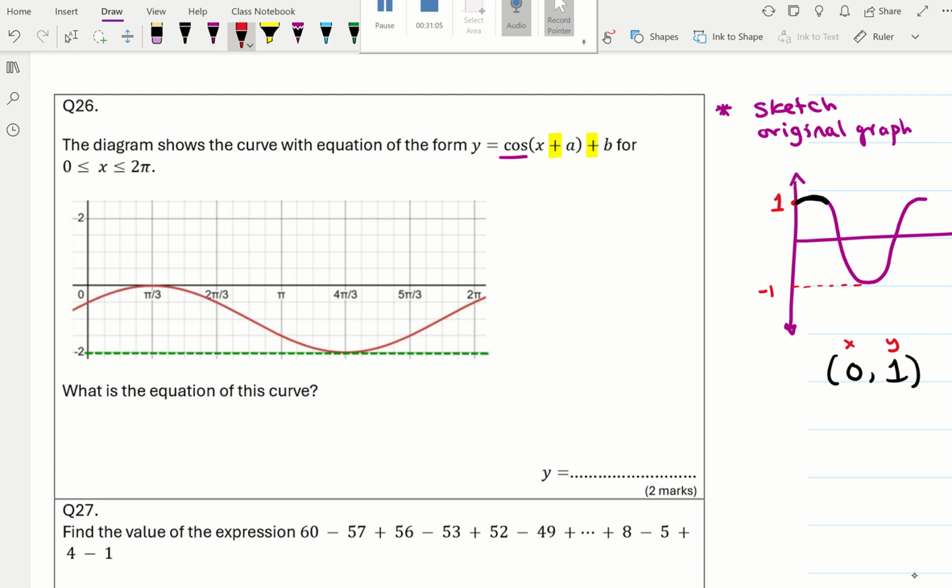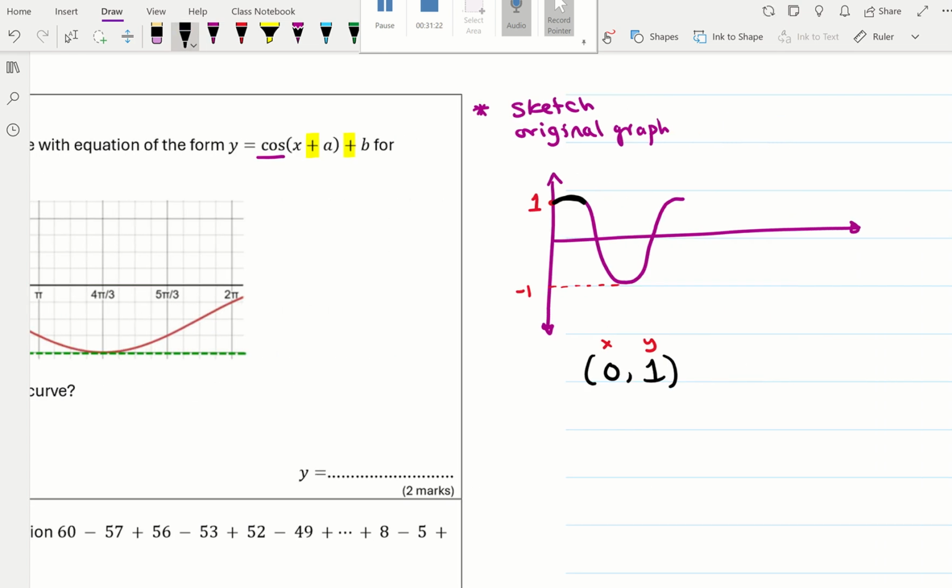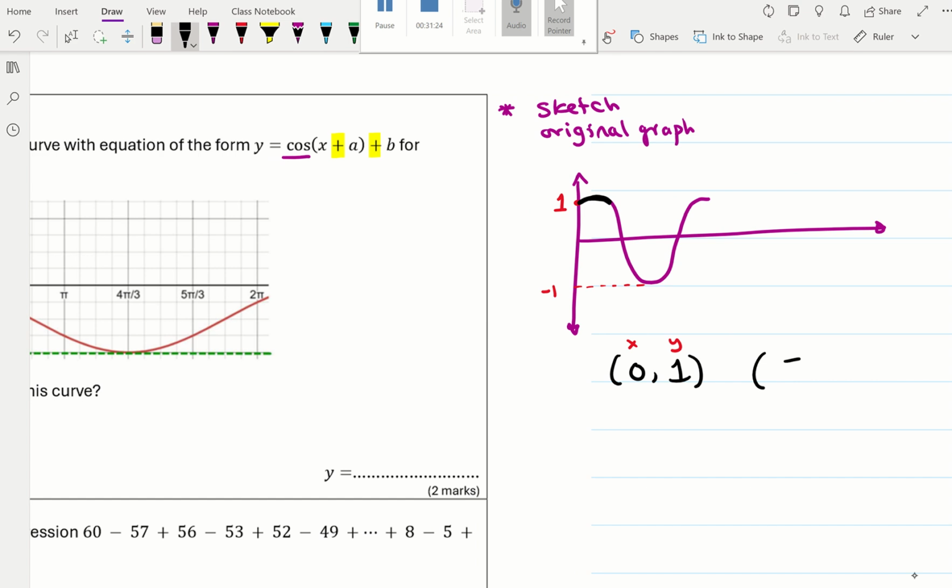And I look at the first turning point in the question, and it's very clear that x is pi over 3 and y is 0. So pi over 3 and 0.